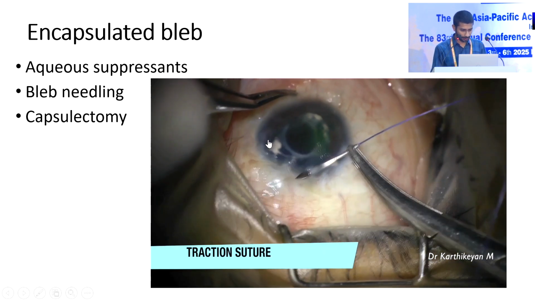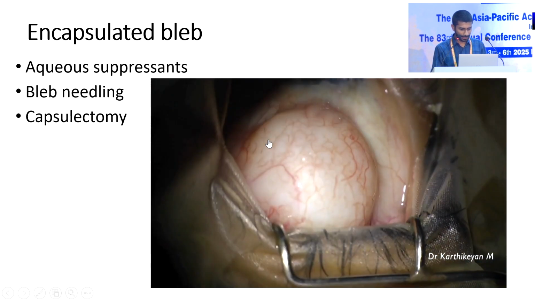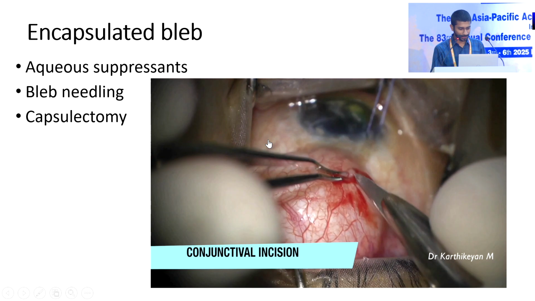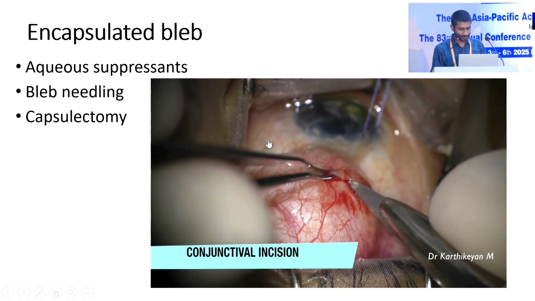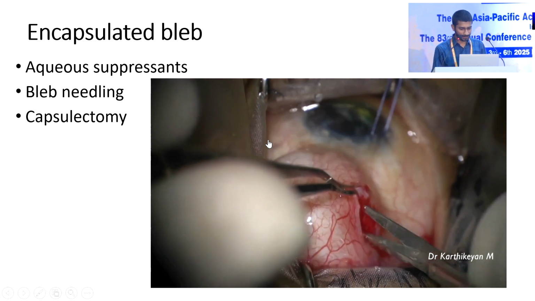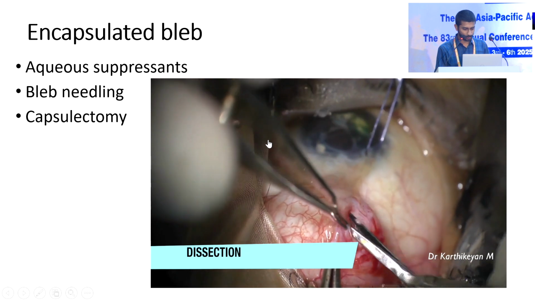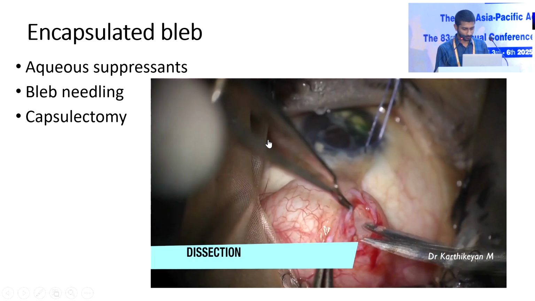In this video we will see how capsulectomy is done. We will apply a traction suture and expose the area, and you have to make the incision in the conjunctiva. Then gently we will dissect the Tenons and conjunctiva from the capsule.